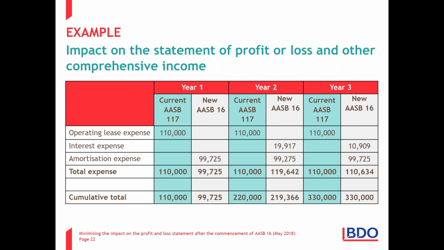And then the total lease expenses would reduce under the new standard to be less than the operating lease expenses of the current standard, with the net impact over the total life of the lease being exactly the same. So I've added in the cumulative totals, so you can see that after the 3-year lease period, there's actually no difference in the total expenditure, but annually there is an impact to the profit and it can fluctuate significantly.